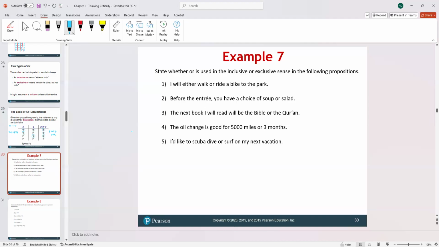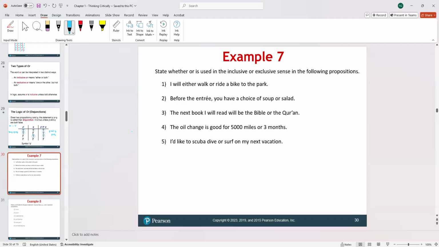The first one we have: I will either walk or ride a bike to the park. Do you believe we can do both of these? Would that be inclusive or exclusive?